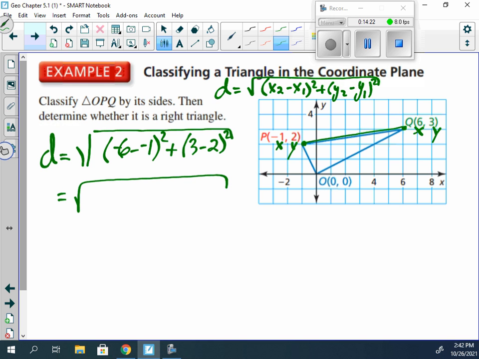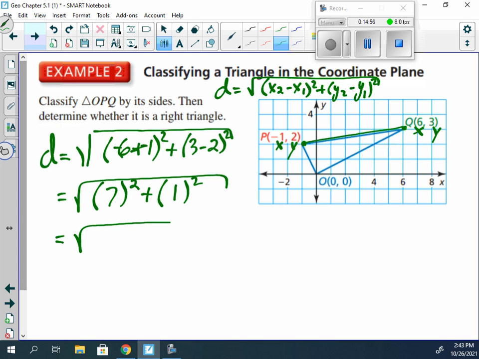Now at this point, we could just plug this into the calculator. We can do square root, parentheses, 6 minus -1, close parentheses, squared, plus open parentheses, 3 minus 2, close parentheses, squared, enter, and it will tell you the answer. Square root of 50. Because if we do this by hand, 6 minus -1, well, negative and negative make a positive. So 6 plus 1 would be 7. 3 minus 2 is 1.